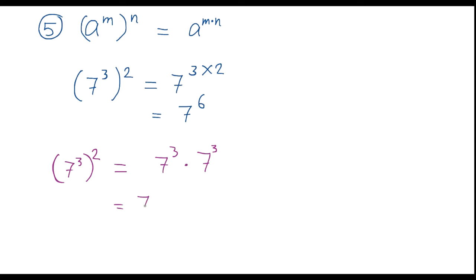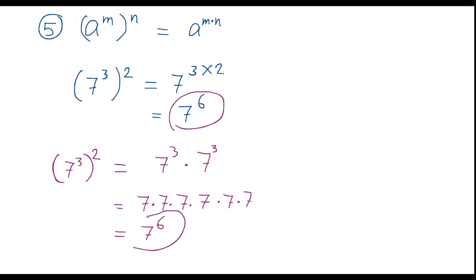Now 7 cubed means 7 comes 3 times. 7, 7, 7. Again we have 7 cubed here also. 7, 7, 7. Now how many 7s do we have here? Here we have 7 to the power 6 because we have 6 7s here. The answer here I have and the answer here I have. Both the answers are same.